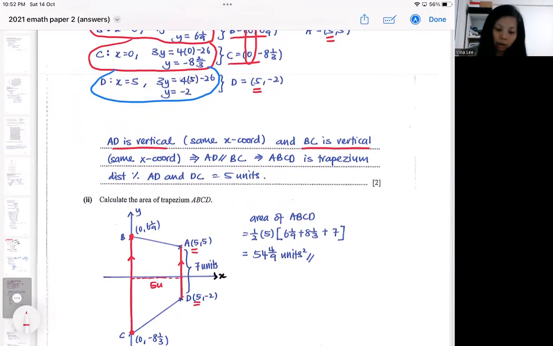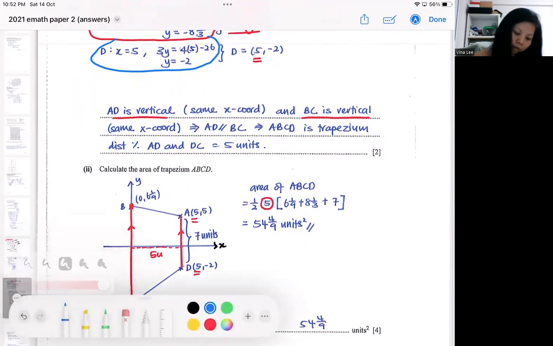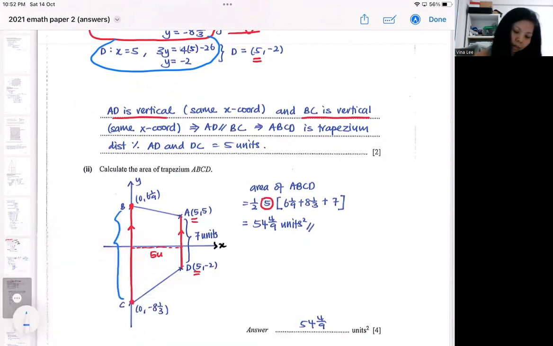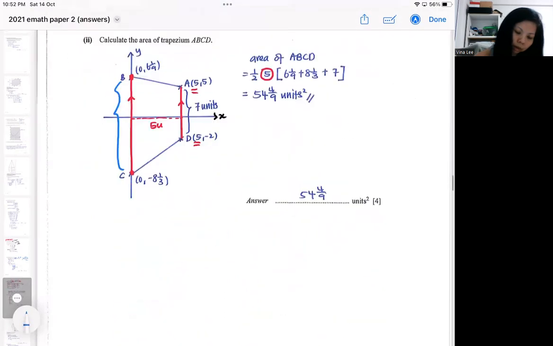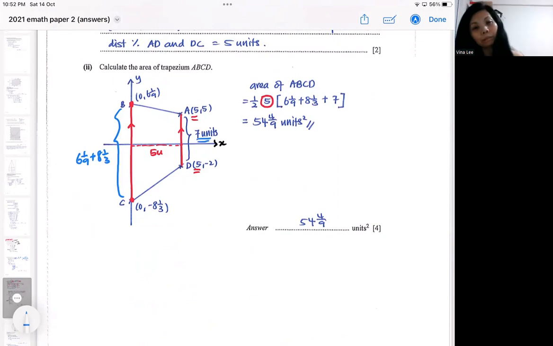From here, the subsequent part is you just apply your trapezium formula. So the vertical height is 5. Then you need to get the vertical distances of the parallel sides. The vertical distance here will be 7 units.